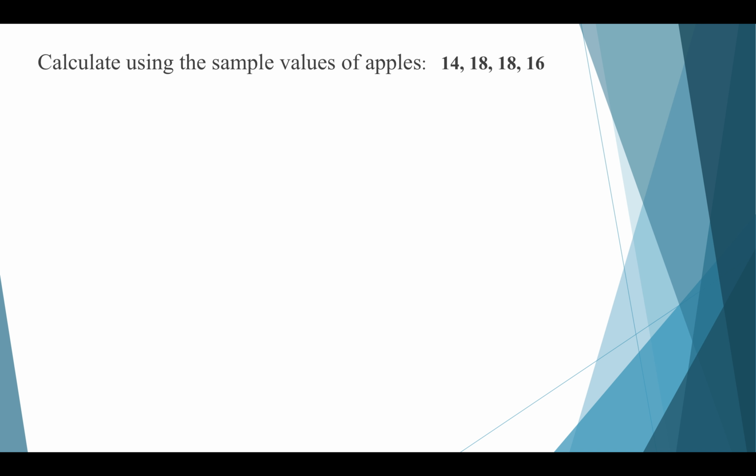As you can see, 2 of the data values are the same, and we will treat them separately for this problem. Step 1, I already worked the problem out for you: I simply added all of the data values and divided by the total number of data values, which is 4. And 16.5 is your mean.